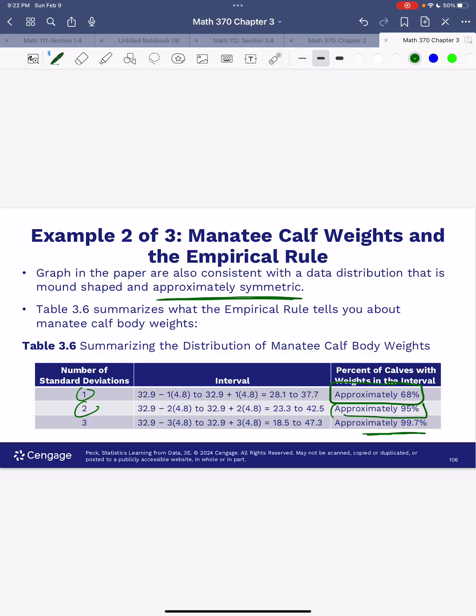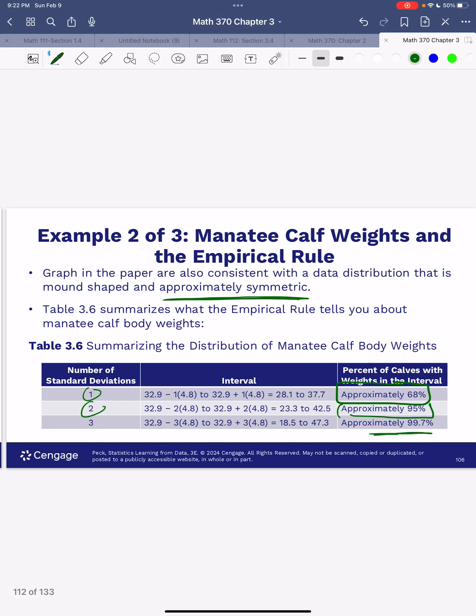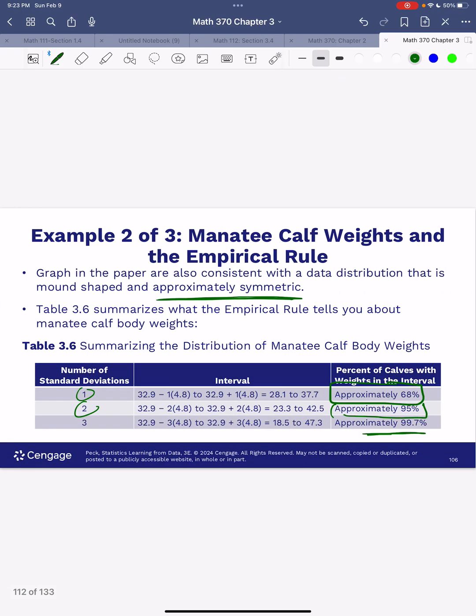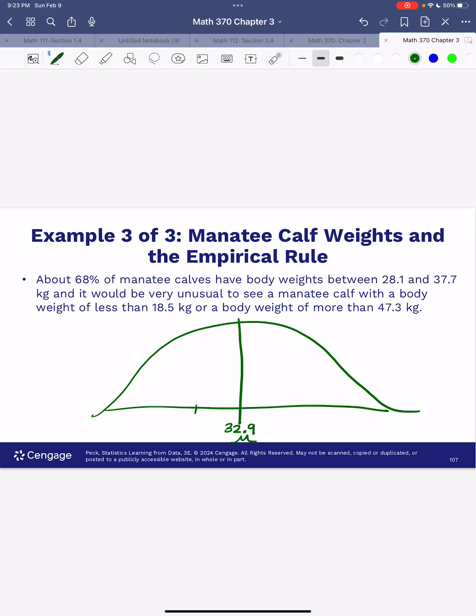So I have to add one standard deviation as well as subtract one standard deviation to be above and below. The standard deviation is given to be 4.8. So let's add one standard deviation and subtract, and we get 28.1 and 37.7. I now know that 68% of my data lies within one standard deviation of the mean.